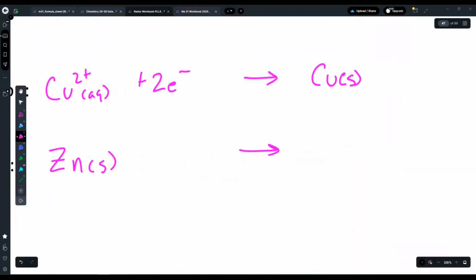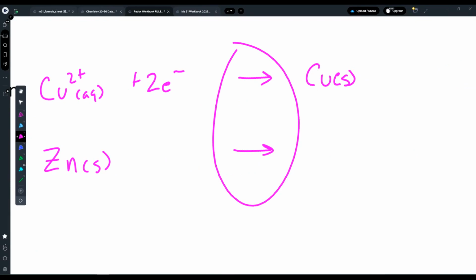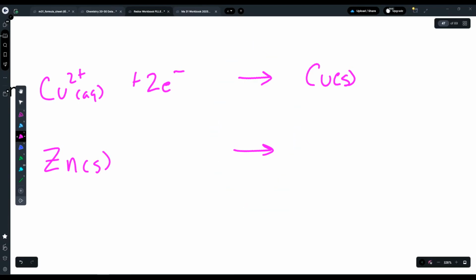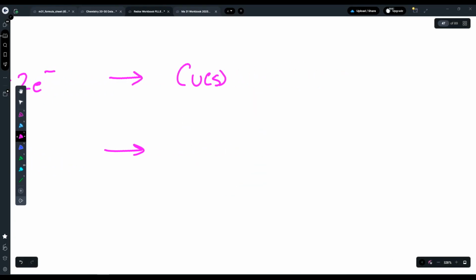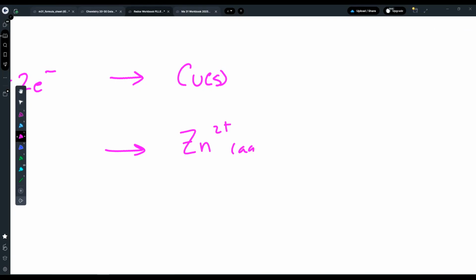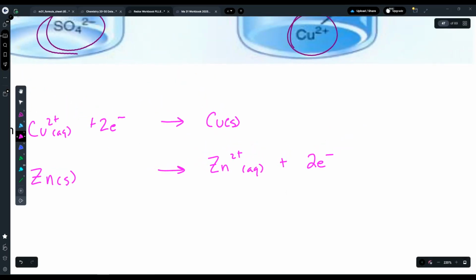I'm lining up these reaction arrows to make it easier to get the net reaction. Remember, you need to be using reaction arrows. Do not write equal signs. So zinc 2+ aqueous plus 2 electrons.